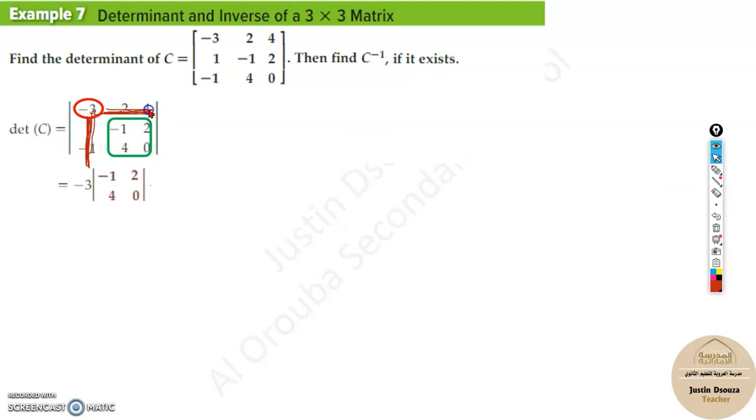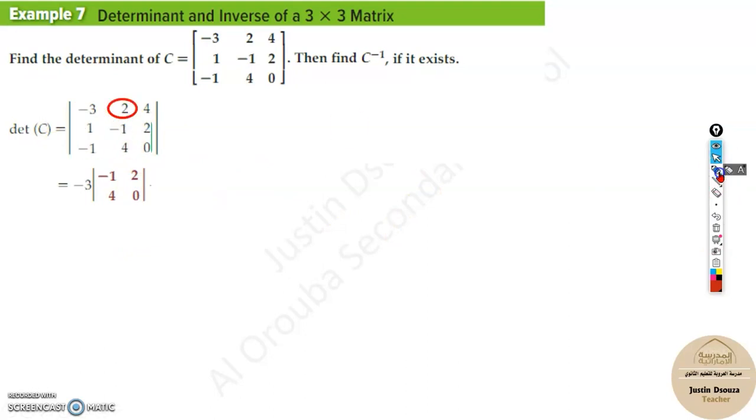Now, what is remaining over here? This much is remaining. So it will be -3 multiplied by the determinant of the remaining 4 digits. So from a 3 cross 3 matrix, now again it became 2 cross 2, right? You're finding the determinant just like how we did. Then, what is the next digit? Let's say 2.